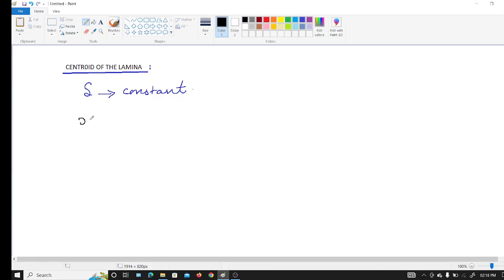calculated by the formula x bar equal to double integral over R x dA divided by double integral over R dA.